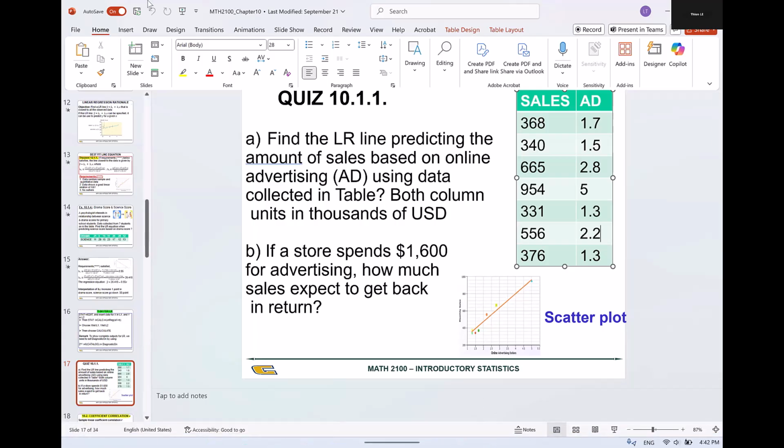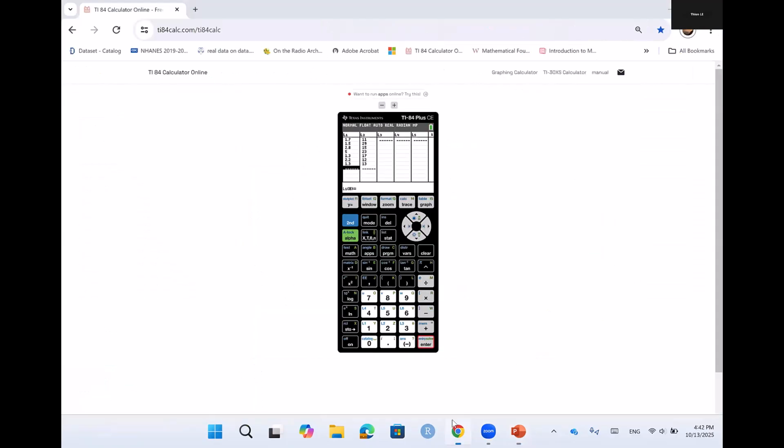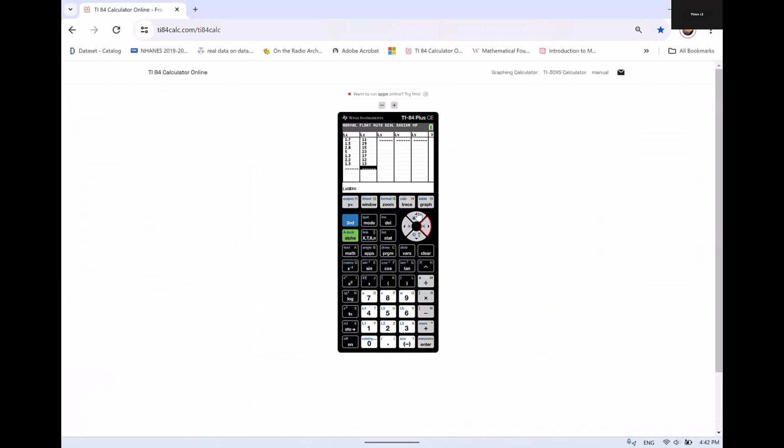So you have to make sure it goes to the corresponding place, right? 368 corresponds to 1.7 thousand. 340, $340,000, $665,000, $954,000.